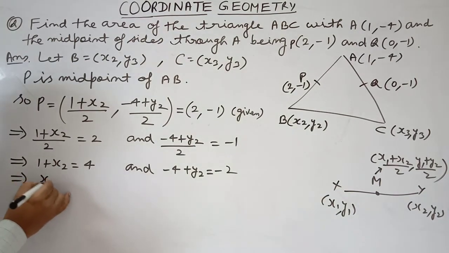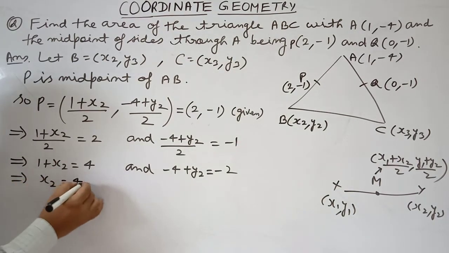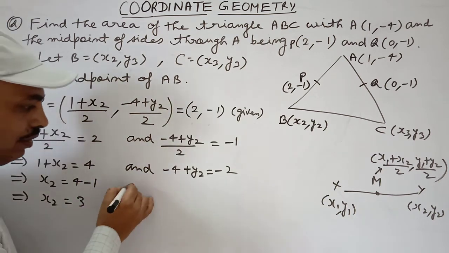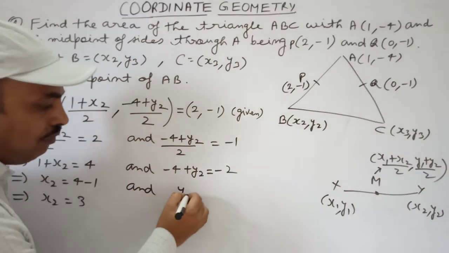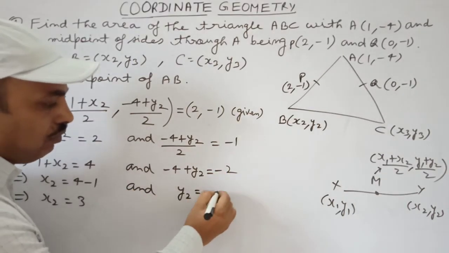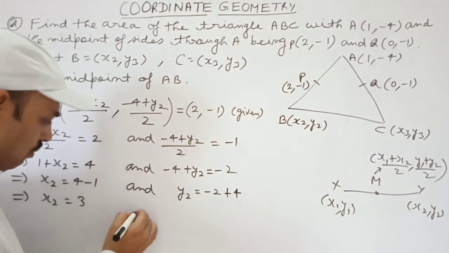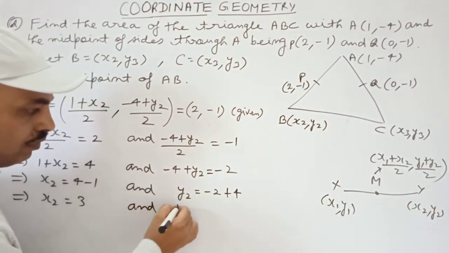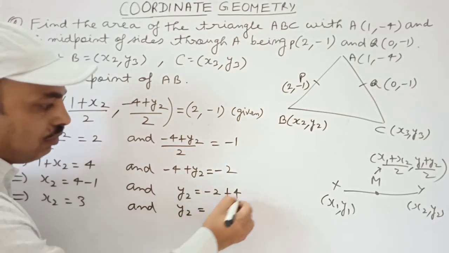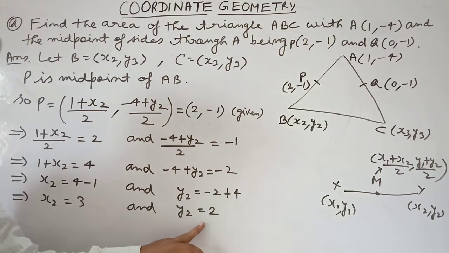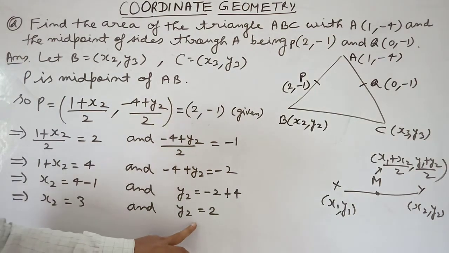So x2 equals 4 minus 1, so x2 is 3, and y2 equals -2, shifting -4 to the RHS, plus 4. So y2 equals -2 plus 4, which is 2. So the value of x2 is 3 and y2 is 2.